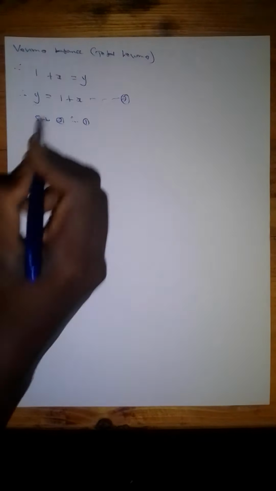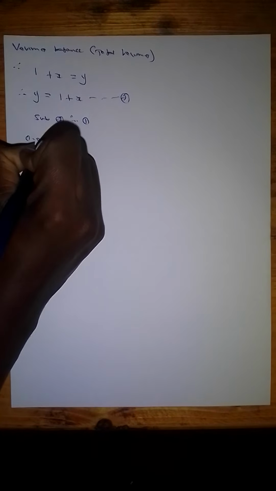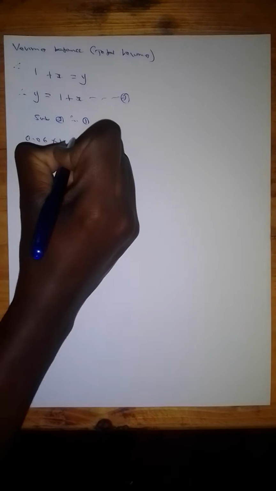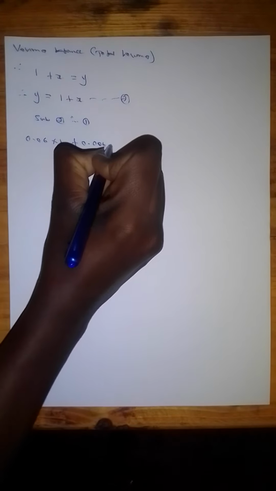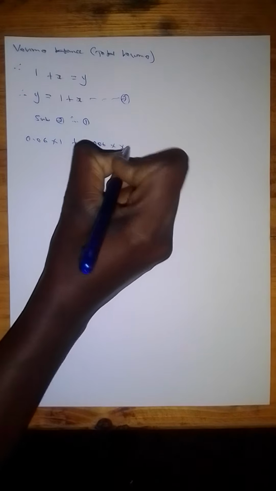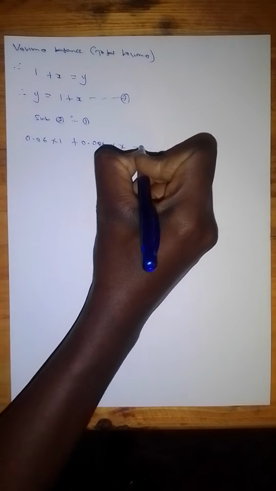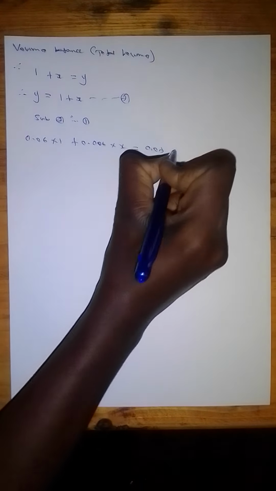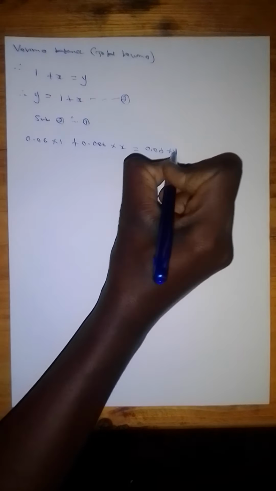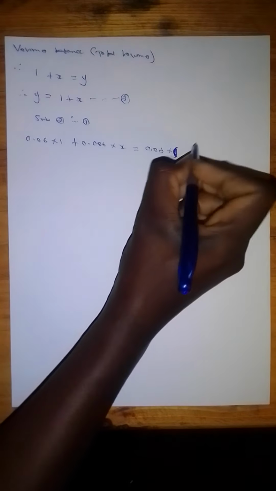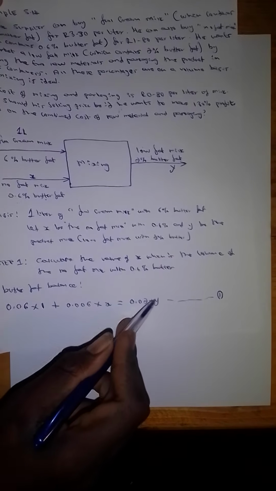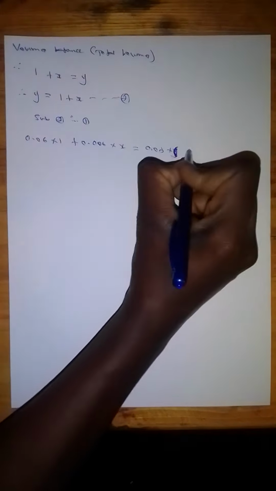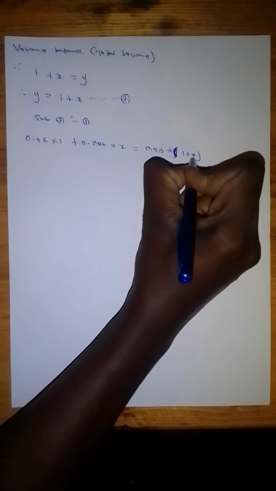When we take the 1 plus x and substitute it here, we have 0.06 by 1 plus 0.006 multiplied by x equals 0.02 multiplied by y. Sorry, it's not y anymore. Remember, we're substituting 2 in 1, so in y we're going to be putting 1 plus x.